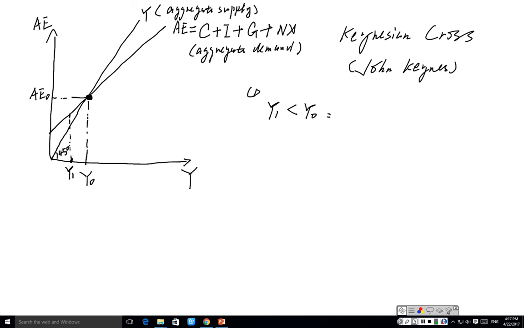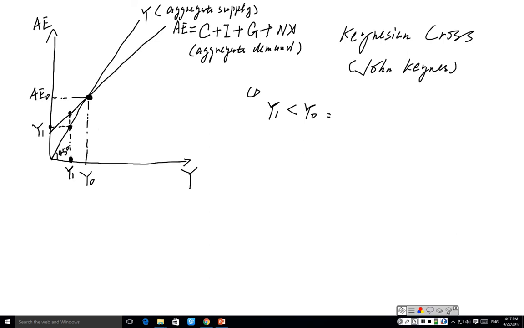This vertical line first will intersect with the Y curve, which means this point here will be Y1. Remember, the Y curve is a 45-degree line. So the distance between this point and the axis should be the same as the distance between this point and the axis.